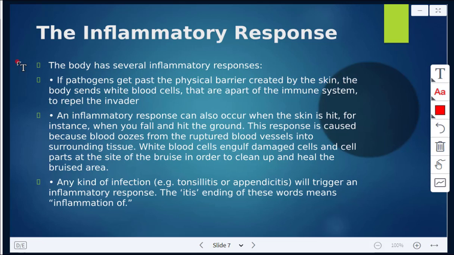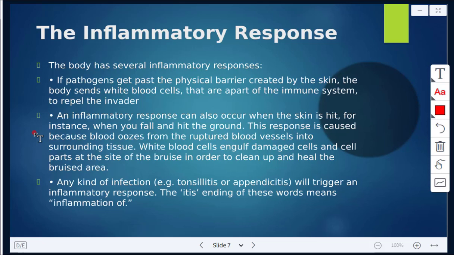Another inflammatory response can happen if you are injured. For example, if you get bruised or like if you fall and hit the ground. Again, there will be some redness and swelling. It's because the blood oozes from the ruptured blood vessels into the surrounding tissue.